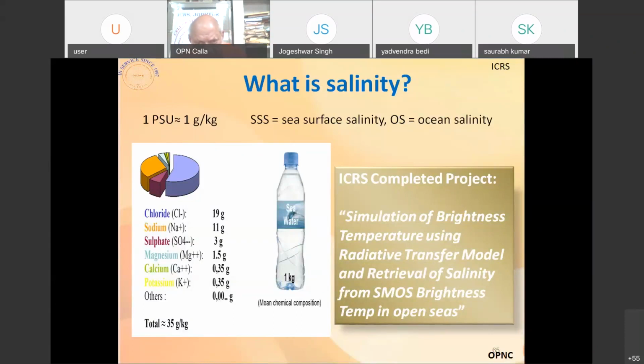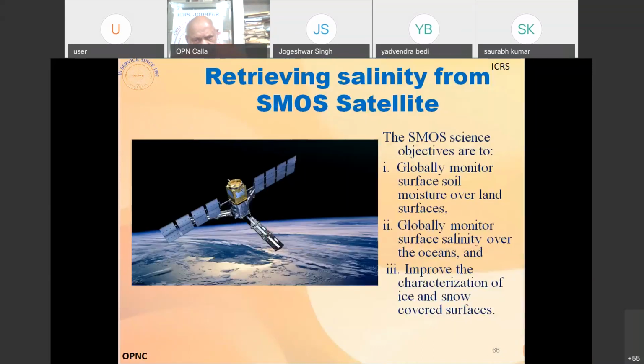And we have done a project here with a simulation of brightness temperature using a radiative transfer model and salinity from SCOS. We did a project for defense to find out the salinity of the seawater using the microwave sensor at SCOS. And also we collected seawater and measured the salinity. Now we use the SCOS satellite of the European agency, ERS.